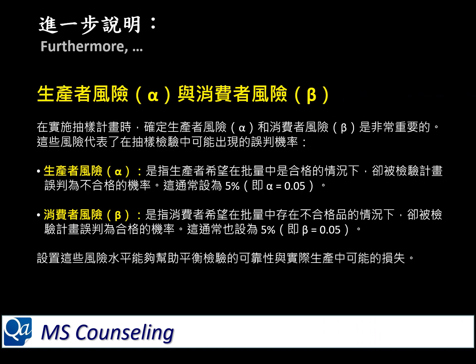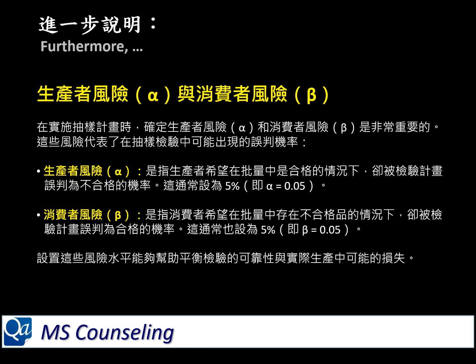To further explain producer risk, alpha, and consumer risk, beta, it is very important to determine the risk when implementing a sampling plan. These risks represent the chance of misjudgment that may occur during sampling inspection. In this sampling plan, it is 5%, i.e. alpha equals 0.05, beta equals 0.05.